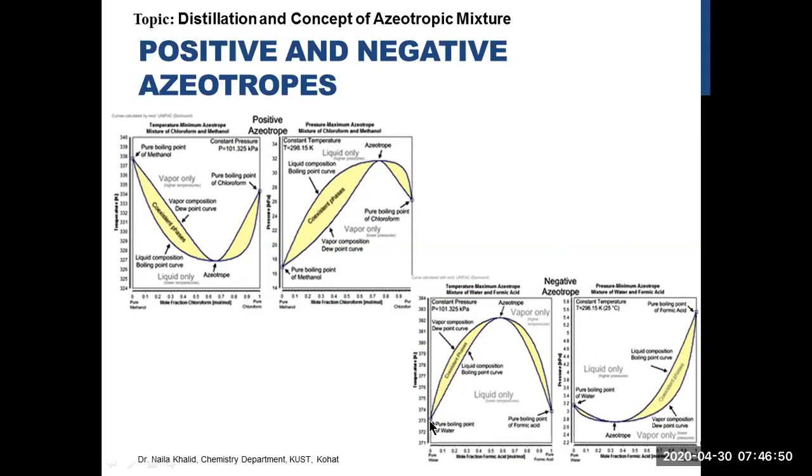Water has this boiling point, formic acid has this boiling point. As you increase the concentration of formic acid, the boiling point increases. And at a point, you will observe that the mixture has a single boiling point. This point is known as the azeotrope, and it is higher than both of the components. That is why it is known as a negative azeotrope.